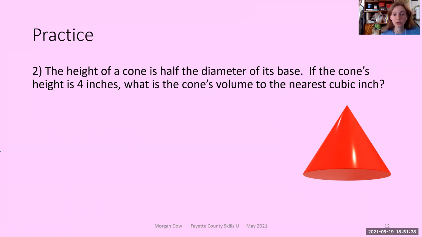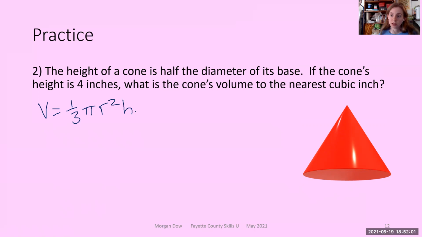So we're talking about a cone here, and I see the question is asking me about volume. So I'm going to go ahead and write down the formula for volume of a cone. The volume is 1/3 pi r squared h. So we need to know the radius of the base, right?